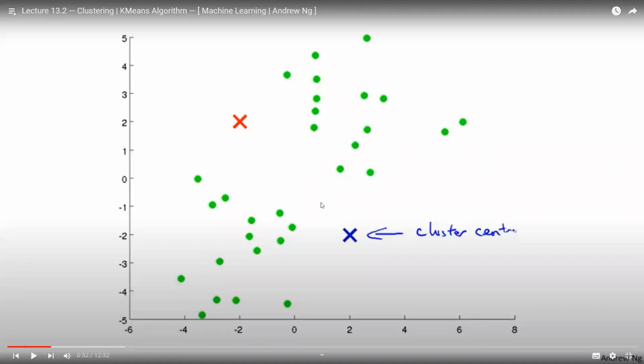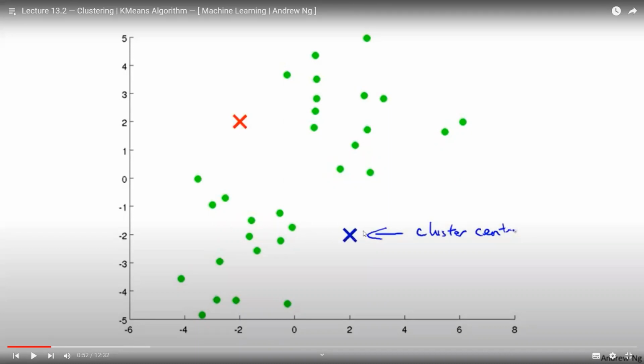Guys, concentrate on this point. When the k-means algorithm tries to form two clusters, as in the example in front of us, it will try to decide where the cluster centroid is. What is the cluster centroid?